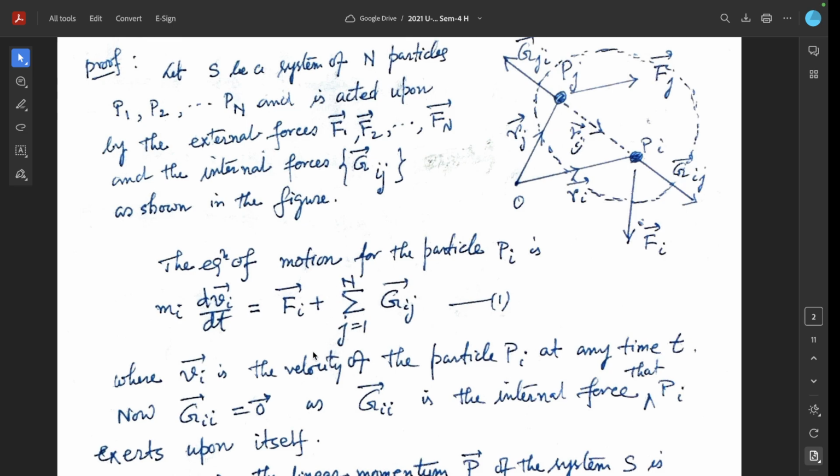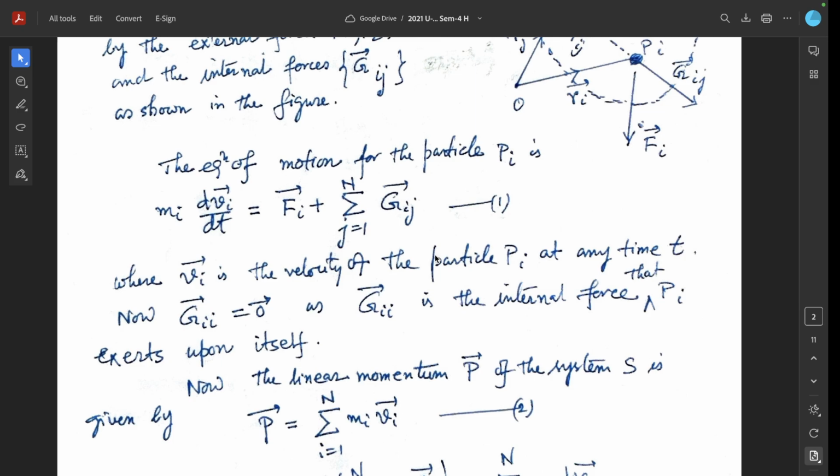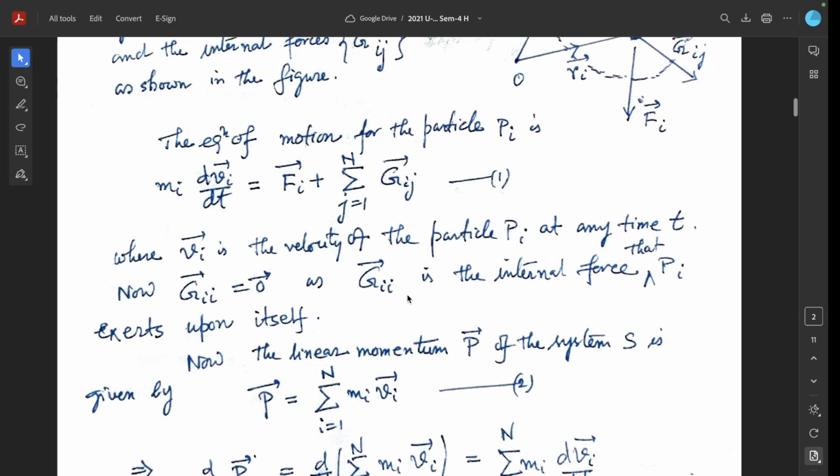Vi vector is the velocity of the particle Pi at any time t, and Gii vector equal to 0 vector, because Gii vector is the internal force that Pi exerts upon itself. So G11 vector is 0, G22 vector is 0, and so on.